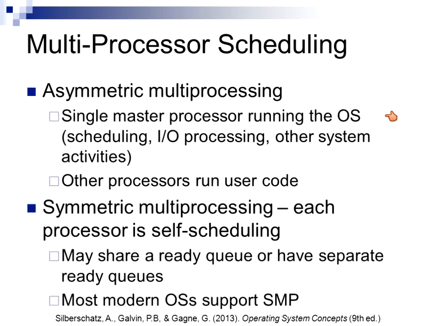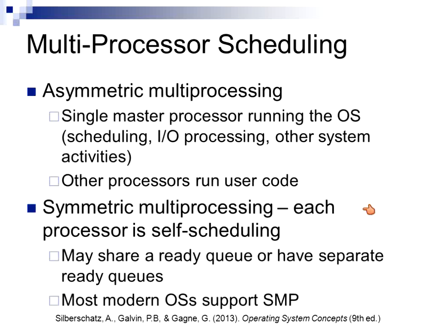Asymmetric multiprocessing meant there was a single master processor that runs the operating system, doing the scheduling, the I/O processing, and other system activities, and the other processors run user code. Whatever user code is put in their queue, they run it. They don't worry about the scheduling.